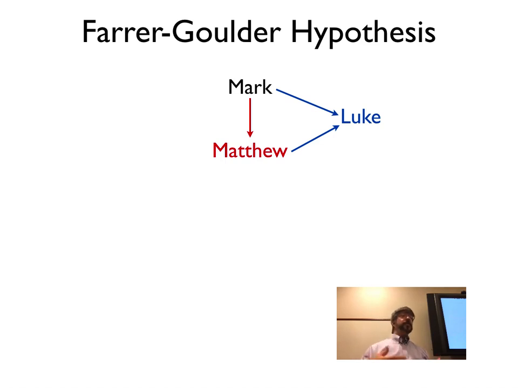But it's good to be aware of these because you'll read commentaries and they'll talk about Q, and their analysis will be based on how Q is being changed and adapted, and if you don't subscribe to that model, then that calls some of their analysis into question. A growing number of scholars, by the way, are adopting the Farrer-Goulder hypothesis.